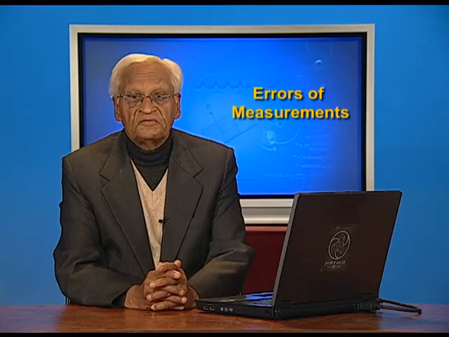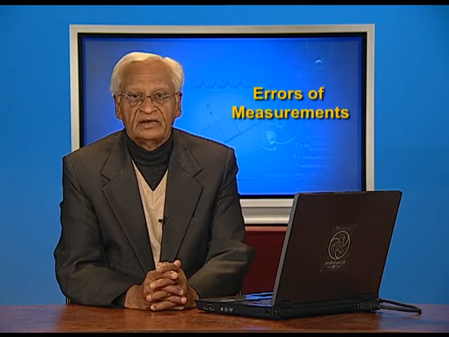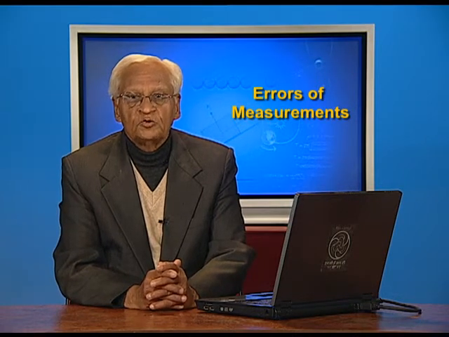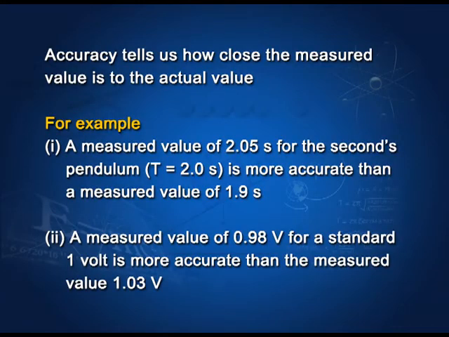You can see the difference between 2.0, 2.05 and 1.9, and you can see that 2.05 is more accurate. Second example, a measured value of 0.98 volt for a standard 1 volt is more accurate than the measured value 1.03 volt. Once again, you can see why I am saying so.